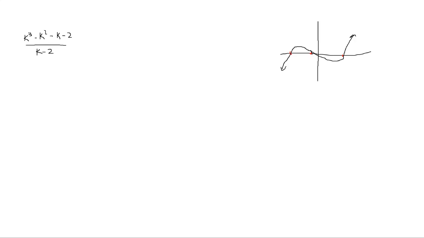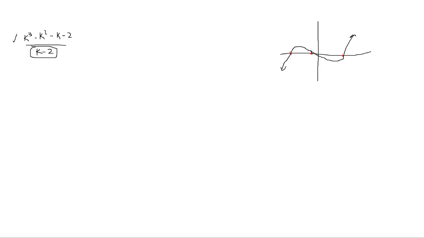And suppose the question is this: is the given binomial a factor of the numerator? In other words, is k minus 2 a factor of k cubed minus k squared minus k minus 2?